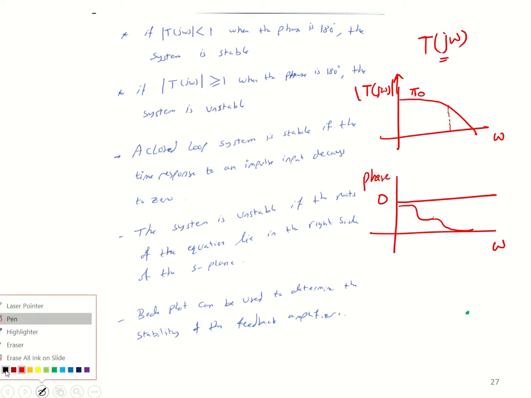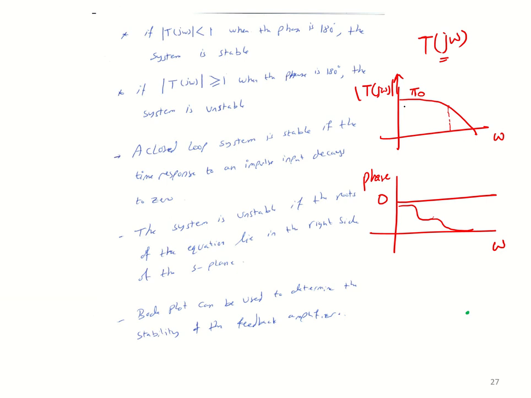So what is our stability criterion? We will try to find the frequency at which the magnitude of the transfer function loop gain is 1. We will try to find that frequency, f1 or omega 1, whatever you say.